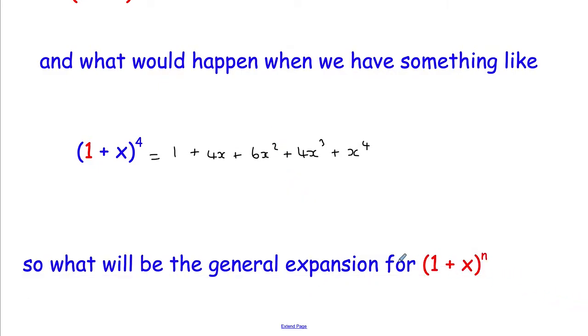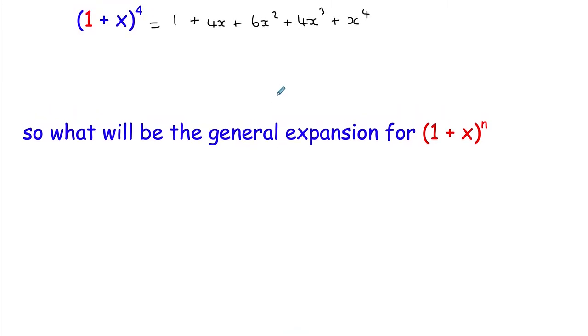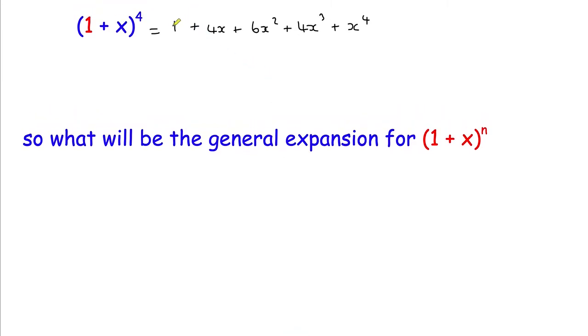Can we write something down if I change this 4 to an n now? If you look at what we've got here, you hopefully recognise these numbers. There's a 1 there. Let's write that in. They're the Pascal's triangle values for row 4. That's 4C1, 4C2, 4C3.